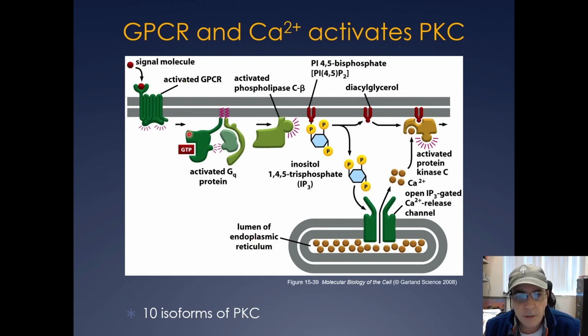You get exchange of the GDP for GTP on the alpha subunit, and then the beta and the gamma will activate phospholipase C, and that will cleave the PI 4,5 bisphosphate into diacylglycerol and IP3, and then IP3 goes and binds to an IP3 gated calcium channel in the endoplasmic reticulum, and that'll release calcium, and then you'll have activated protein kinase C, which is associated with the diacylglycerol, and the calcium will bind to that and cause protein kinase C to become activated.